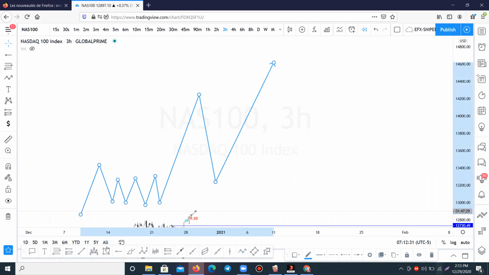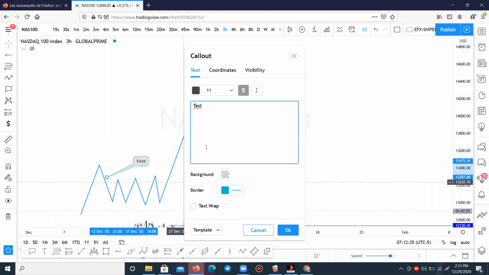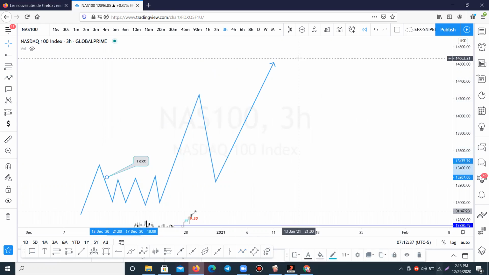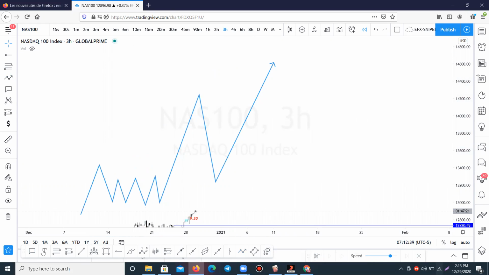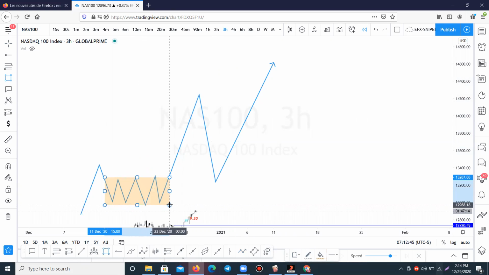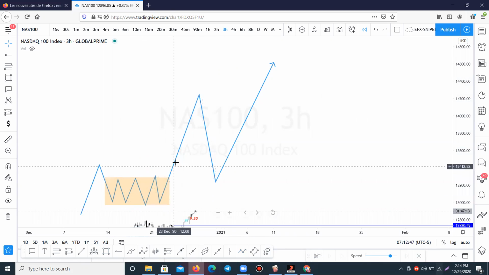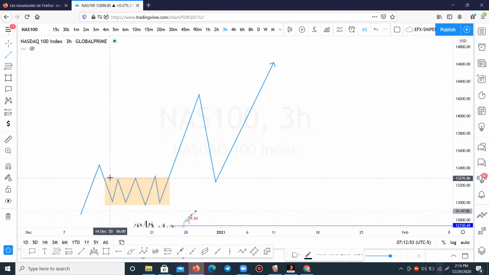But at the same time, if you pay more attention to this area, voila. You're going to see there is what we call manipulation, because this one here is the SSE, the one that is there.